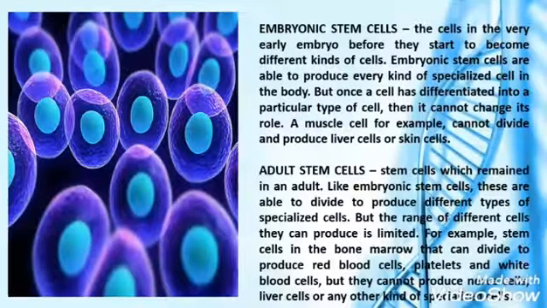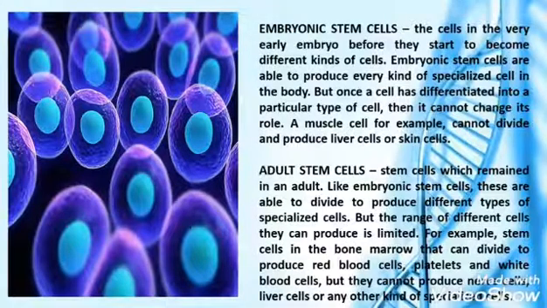By the time you have become an adult, most cells have differentiated, but some stem cells still remain. They are called adult stem cells. Like embryonic stem cells, these are able to divide to produce different types of specialized cells.